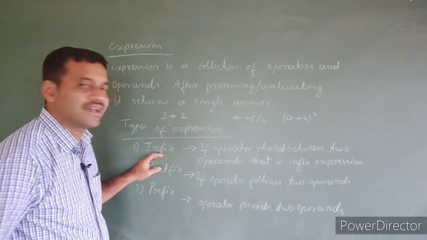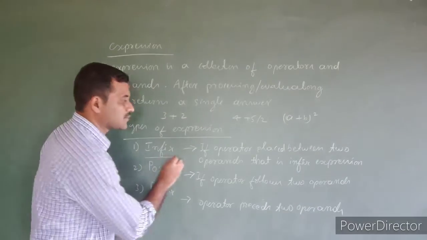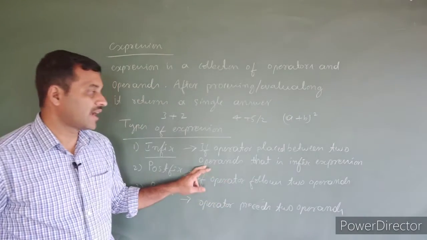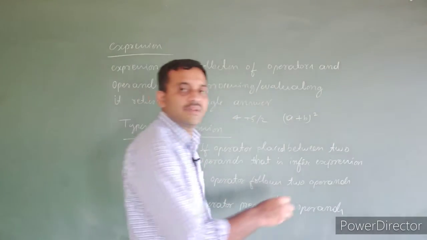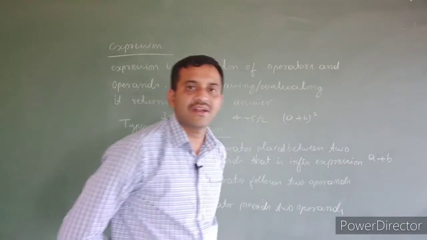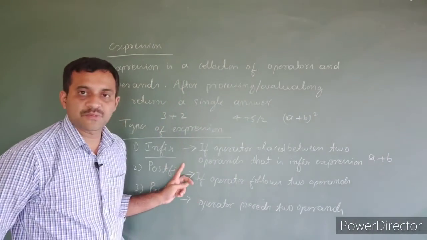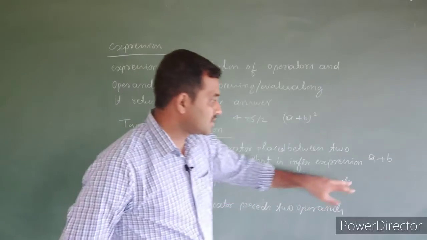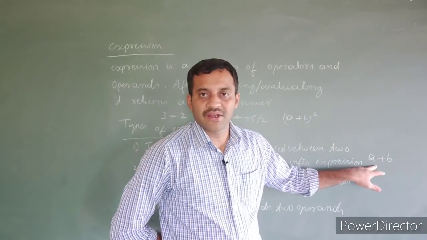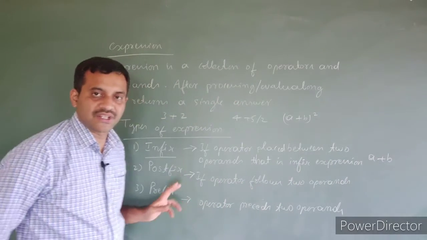See the example for infix. In an infix expression, the operator is placed between 2 operands. What is the meaning of placed between? See here, a plus b is an infix expression. Why is it? Because the operator is placed between 2 operands, hence it is an infix expression.